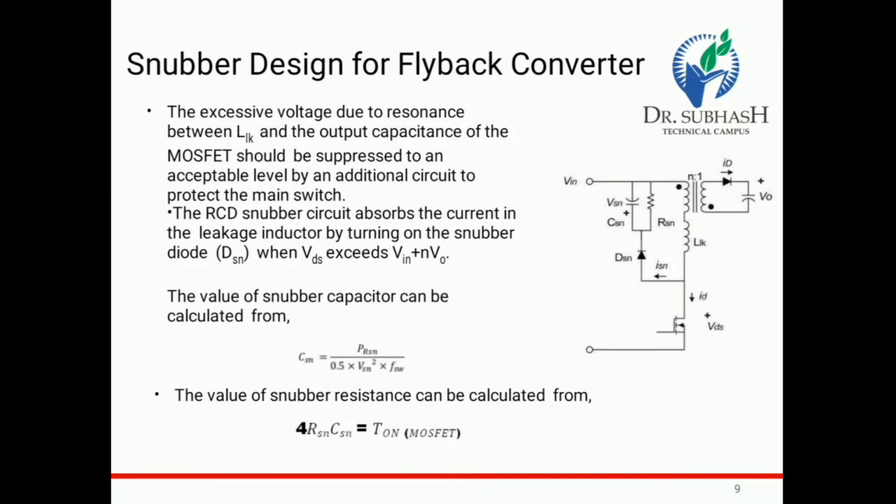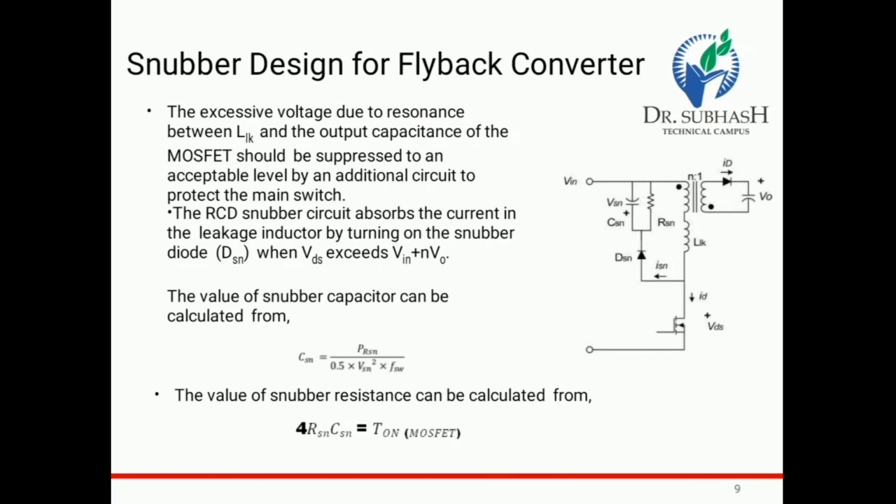The value of the snubber capacitor can be calculated from the given equation. The snubber capacitance CS equals PRSN divided by 0.5 times VSN times FSW. The value of the snubber resistance can be calculated from 4 times RSN times CSN equal to T on of the MOSFET, where RSN is the snubber resistance and CSN is the snubber capacitance.